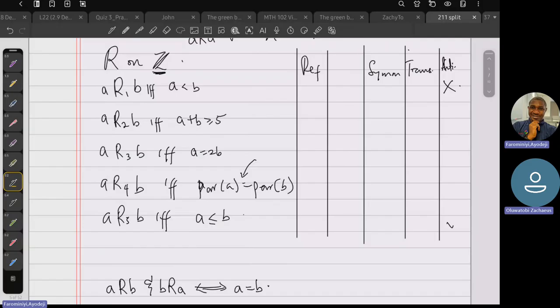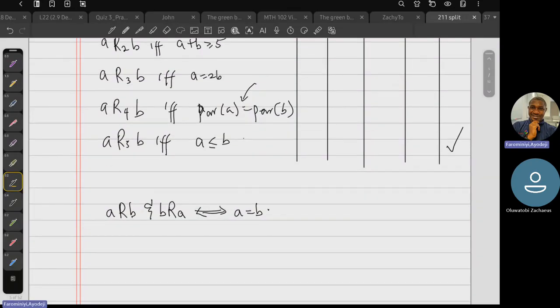What about R2? Is it antisymmetric? I'm talking about R2. So is 2, 3 in R2?